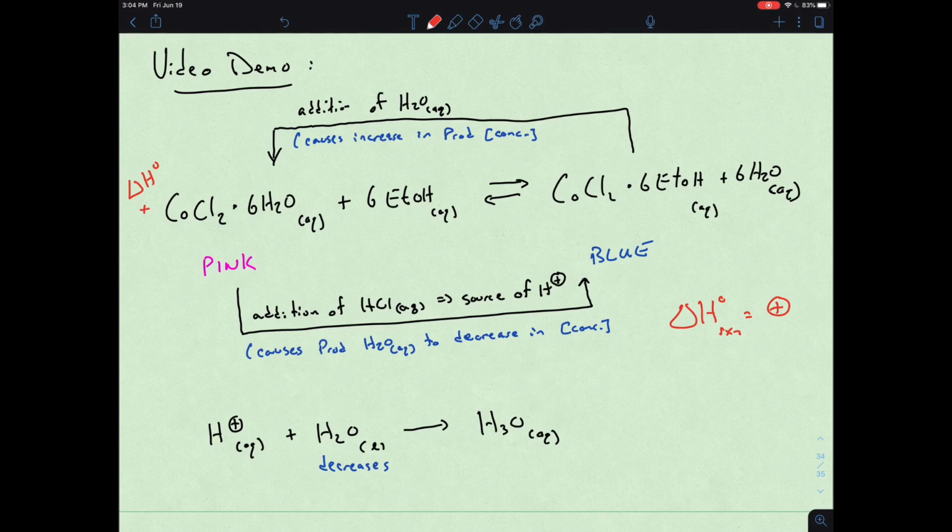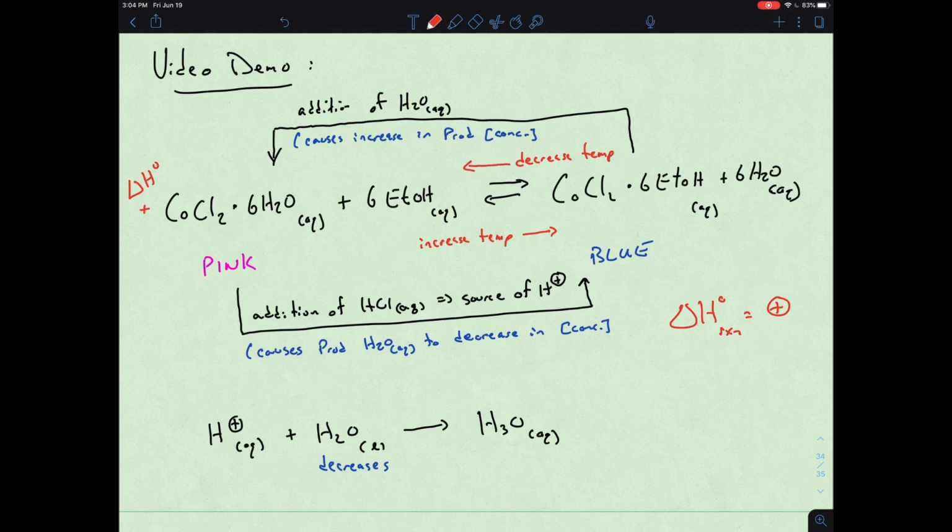So if we increase temp, we would see a shift to the right. If we were to decrease temp, we would see a shift back to the left.